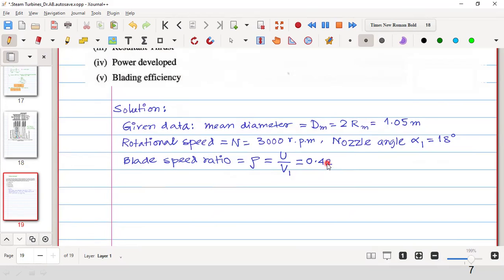But here, if there is no friction, VR2 is equal to VR1. So it is better to use K as the velocity coefficient instead of friction coefficient. That is the correct word. Please correct that in the earlier lecture also. Velocity coefficient.